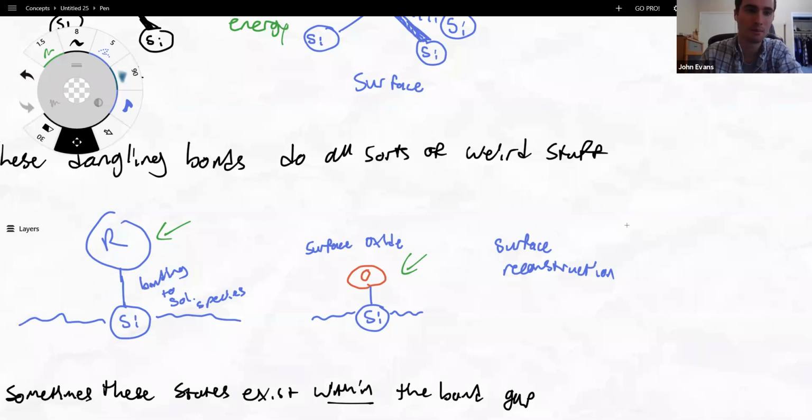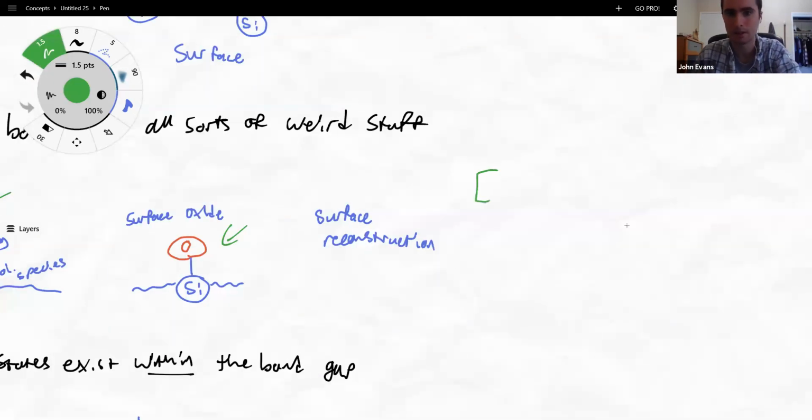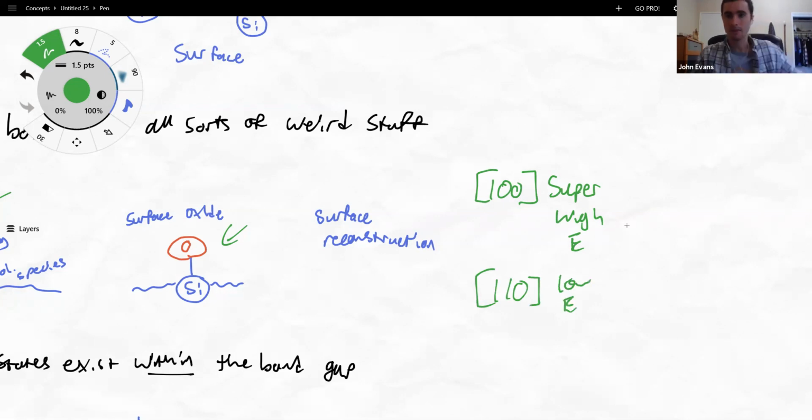So let's say that for a specific semiconductor, the 100 face is super high in energy, and let's say the 110 is low in energy. So what might happen is if given the chance, your semiconductor surface will attempt to reconstruct itself into a 110 face.